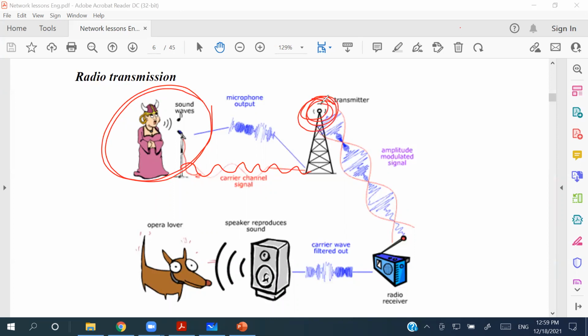So from the transmitter, using this electromagnetic wave, it will be broadcast to a greater distance, right? And in our devices, we got something called an antenna. That antenna is capable of capturing these particular radio waves.